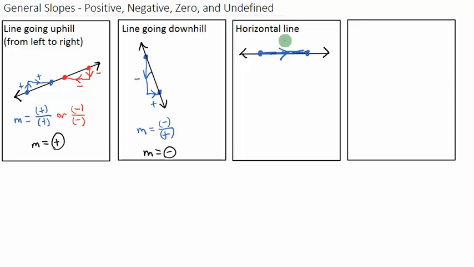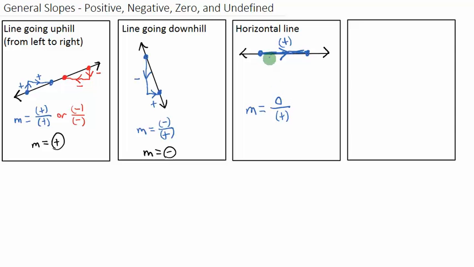Then that's going to give me a positive run because that's a horizontal change. So I know my run is positive, so my slope, I'll say m equals rise, which I haven't talked about yet, divided by the run. Well, the rise from the left point to the right point, there is no vertical change because I don't travel up or down at all to get from the left point to the right point. So my rise is 0.